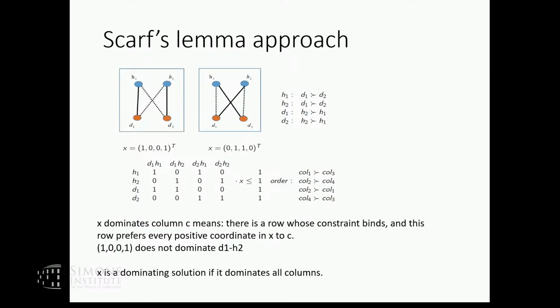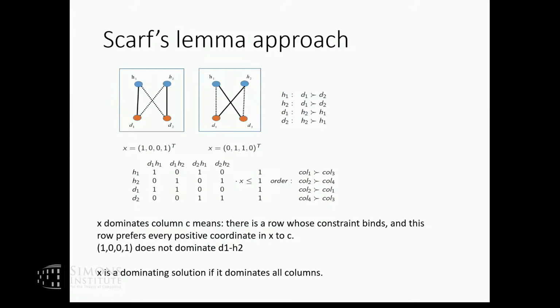I can express this matching as a matching polytope, where each row of the constraints corresponds to the constraint that the sum of these 2 edges is at most 1, and each of the columns is the variable of an edge. I can really express an order for each row, mimicking the preferences of these agents.